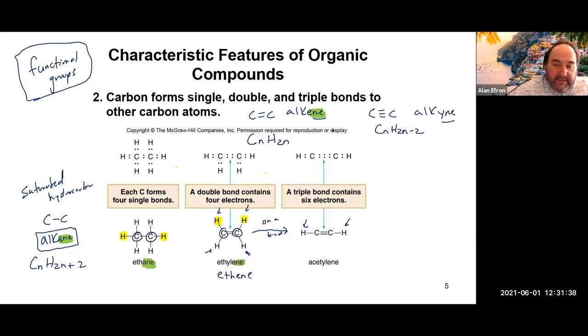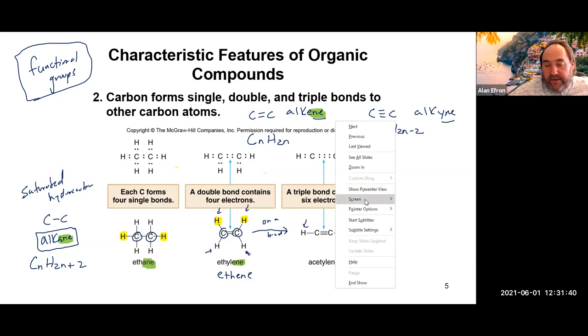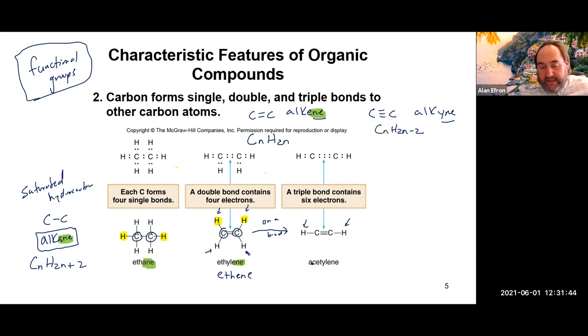And lastly here, our triple bond ends in YNE, and this is the common name for this, so I'll get rid of it. The non-common name, if you will, is ethyne, YNE, and again, it matches the YNE that we see there in our triple bond.